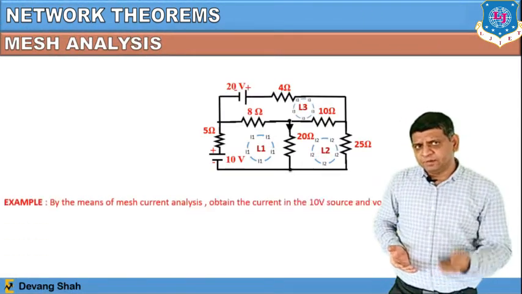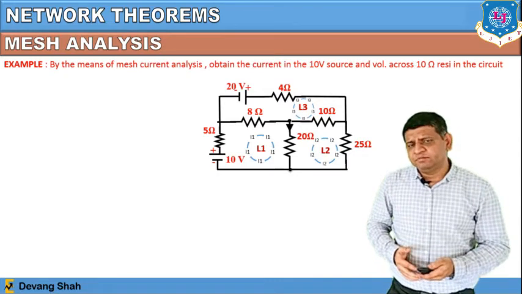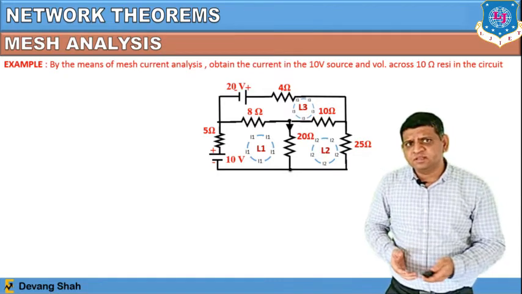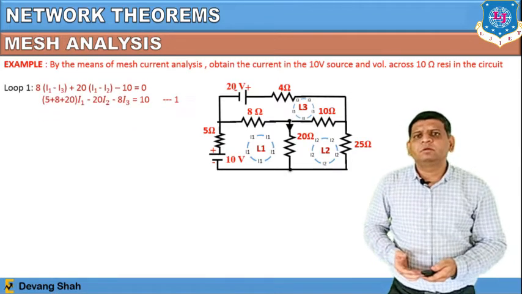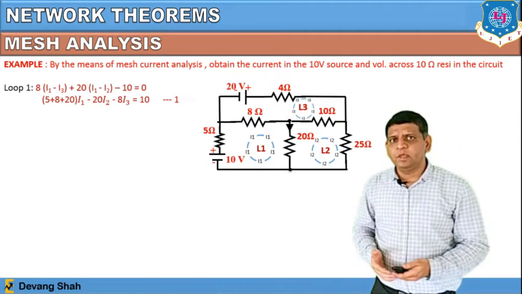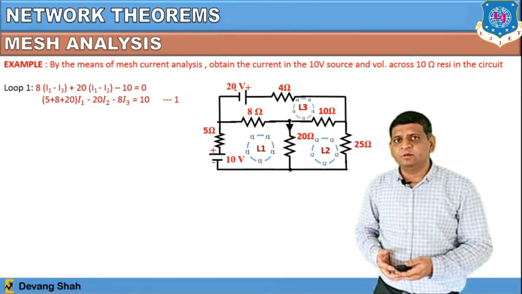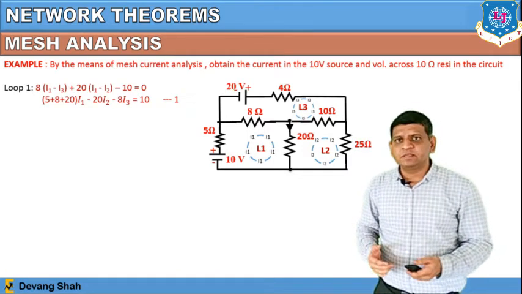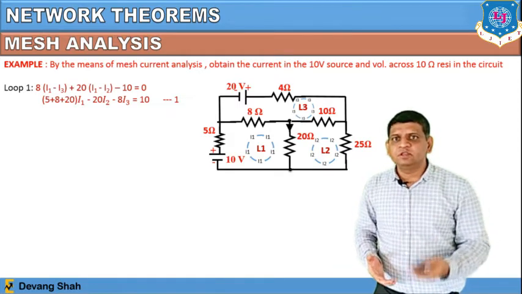Now one example we can see here, the same circuit where we have just put in the values of resistance and voltage source. Once you apply mesh analysis from loop number 1, you can find the 8 ohm resistance, where 2 currents are passing. If you consider loop 1, that means you yourself are I1 and I3 current is opposing.